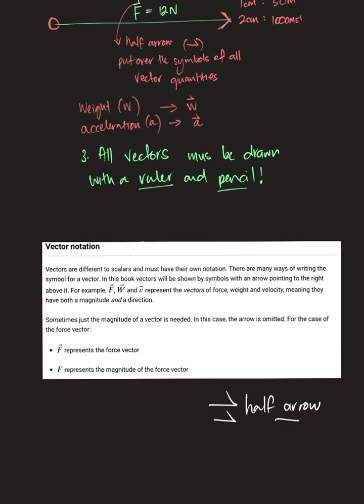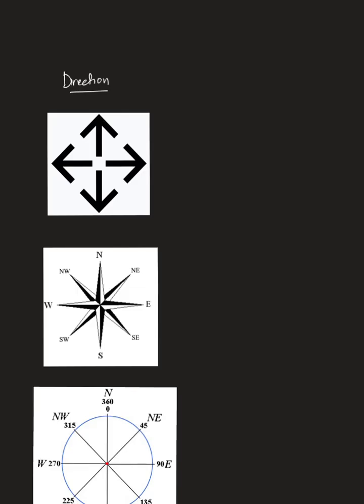If I do put an arrow, it's telling me that there is a vector. So things like force, weight, velocity, all are vectors, right? Meaning that they must have magnitude and direction, and they must be represented with these half arrows. So please make sure you have your vector notation when we're working with these vector diagrams and so on.